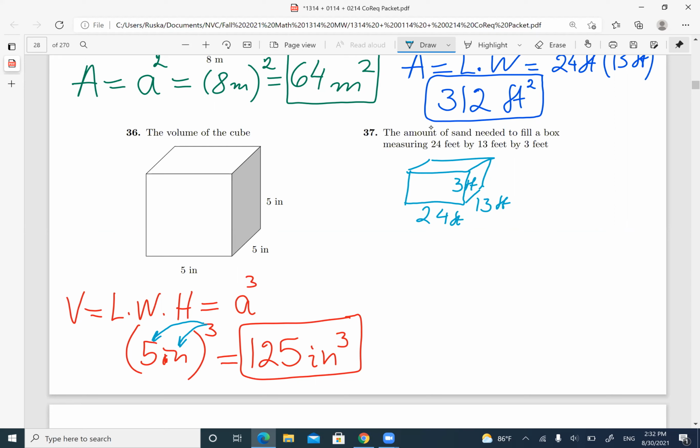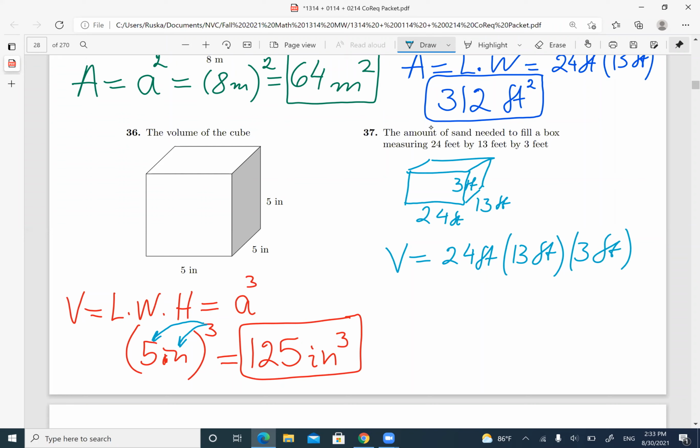Okay, so finding the volume, you're going to multiply length times width times height. So multiplying 24 times 13 times 3, or let me write it properly with the units. Because I have 24 feet multiplying by 13 feet multiplying by 3 feet.